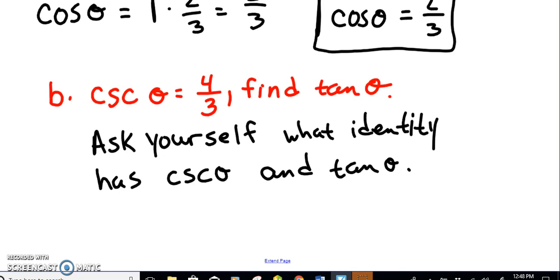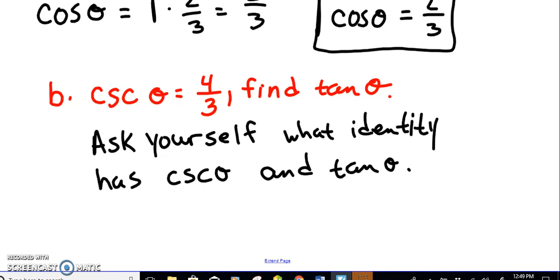And so we think about all the identities that we know, not just the ones we wrote down. We know that cosecant is 1 over sine. So sine and tangent, they're not the same thing. Then we have the Pythagorean identity that says cosecant squared theta equals 1 plus cotangent squared theta.